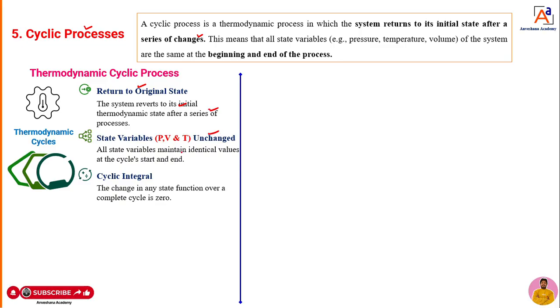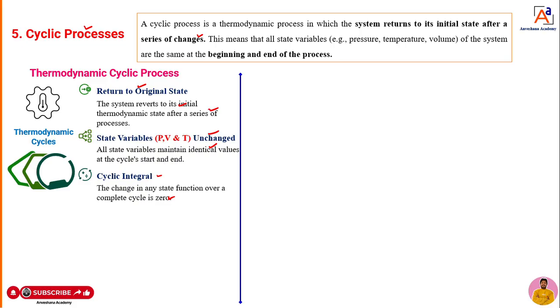That means all the state variables remain identical, the same at the beginning and end of the cycle. And the cyclic integral is 0. That means the change in any state function over a complete cycle is 0. The net change is 0 in the cyclic process.